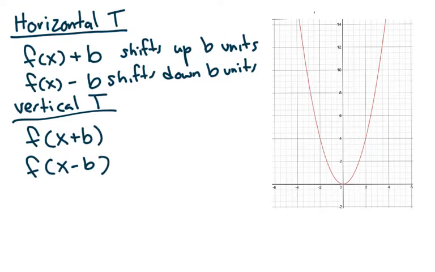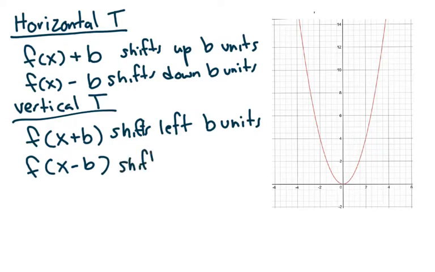So if we add some number into the function, I'll explain exactly what that looks like in a second. This shifts to the left. It's kind of counterintuitive. You'd think plus would shift to the right, but it shifts to the left b units. And you guessed it, f of x minus b shifts to the right b units.